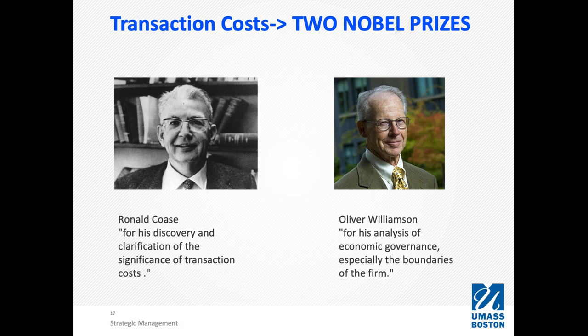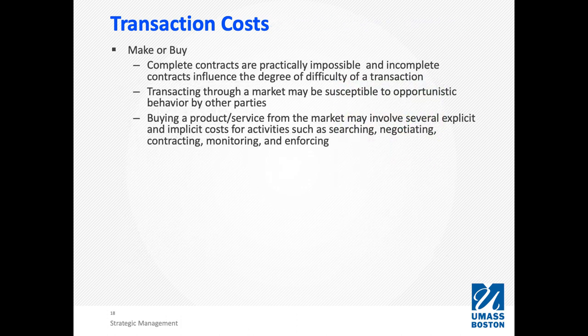First of all, transaction costs earned two different people Nobel Prizes. Ronald Coase and Oliver Williamson. So they're no small thing, right? Two Nobel Prizes just on this topic. But here's what I mean when I say make or buy and asset specificity.